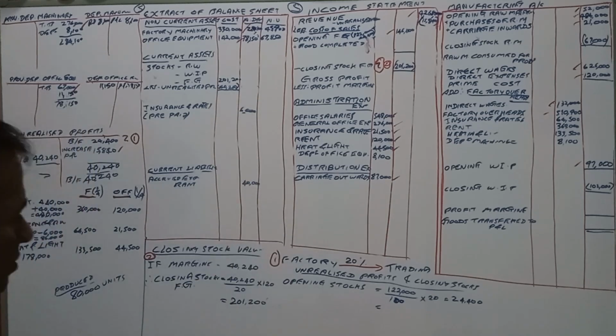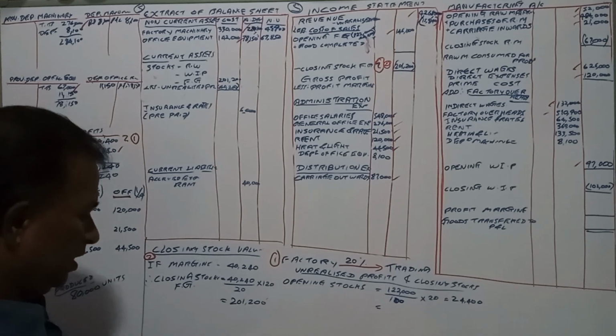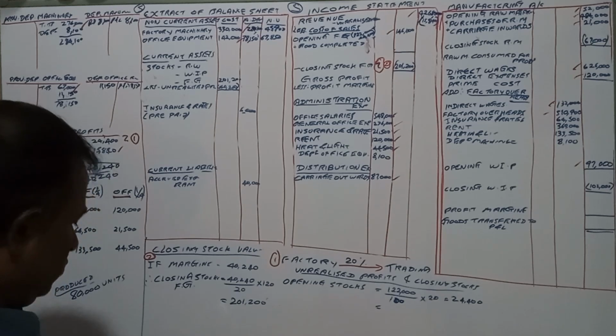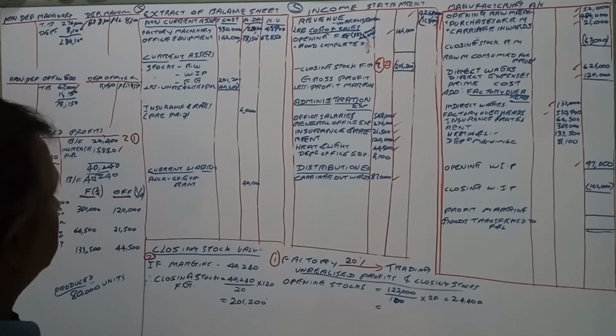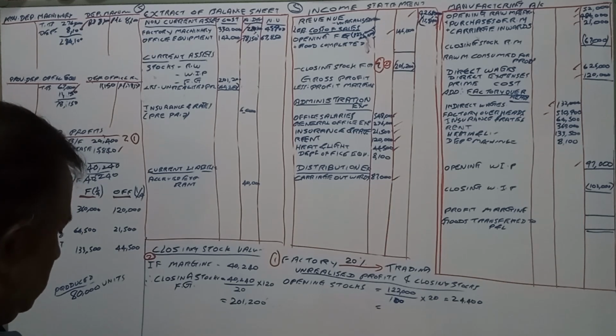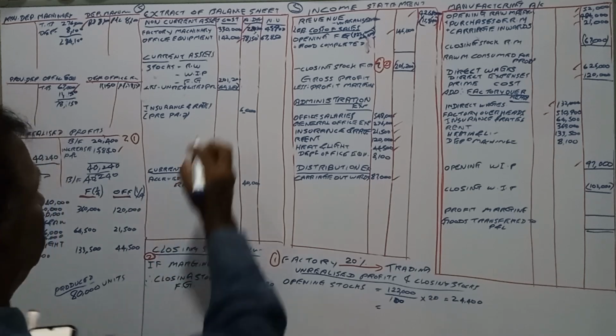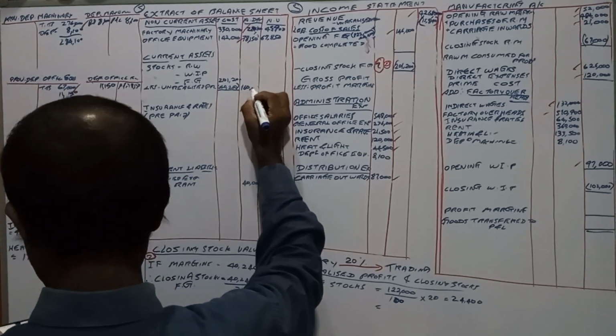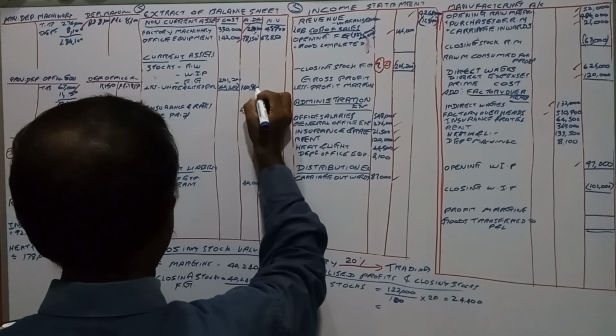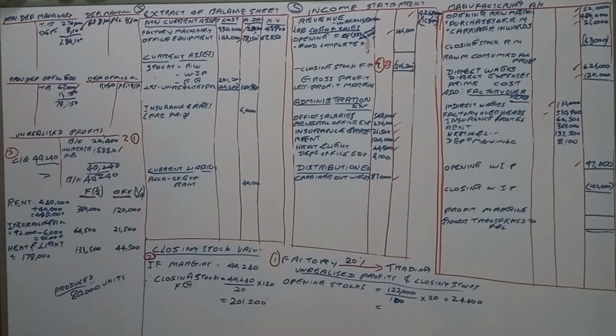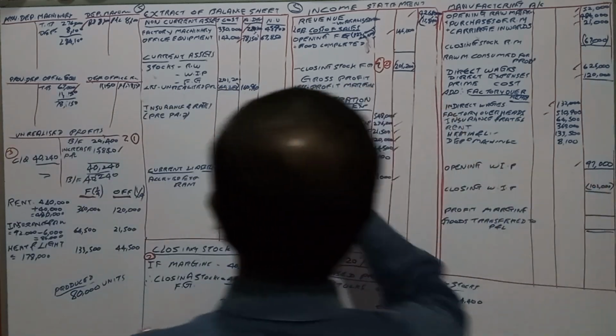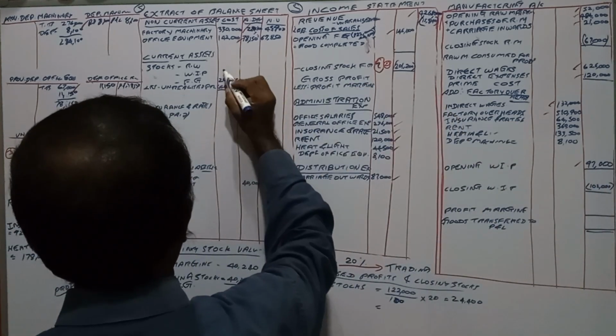So if you deduct this, the stock figure will come. That means 201,200 minus 40,240 is 160,960. This is the value of finished goods. Work in progress 102,000.